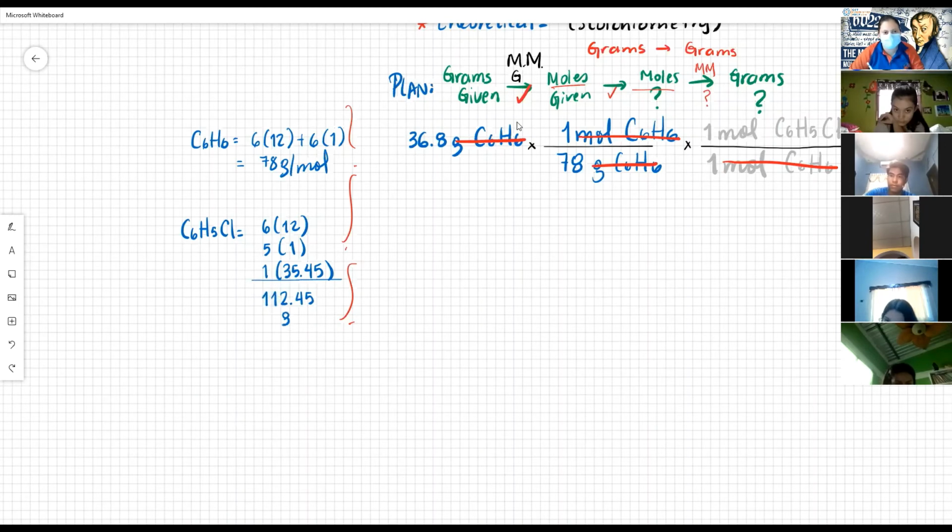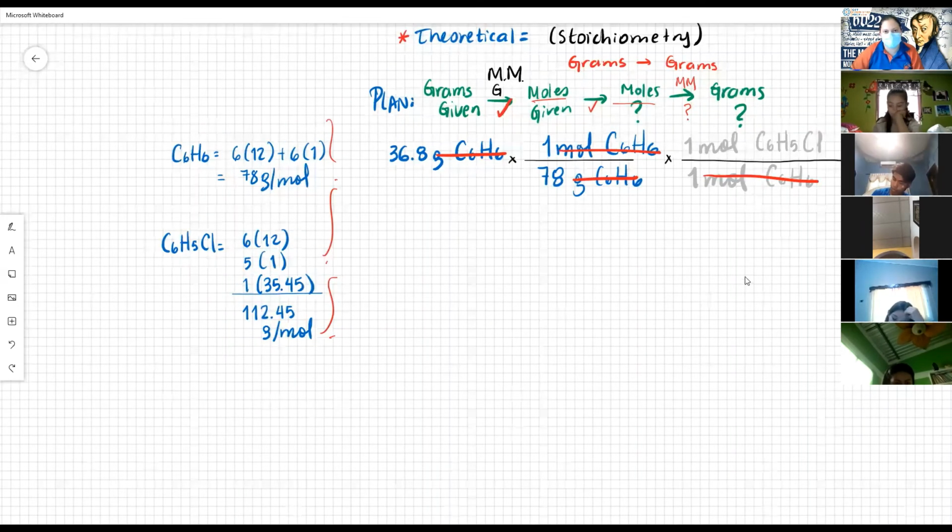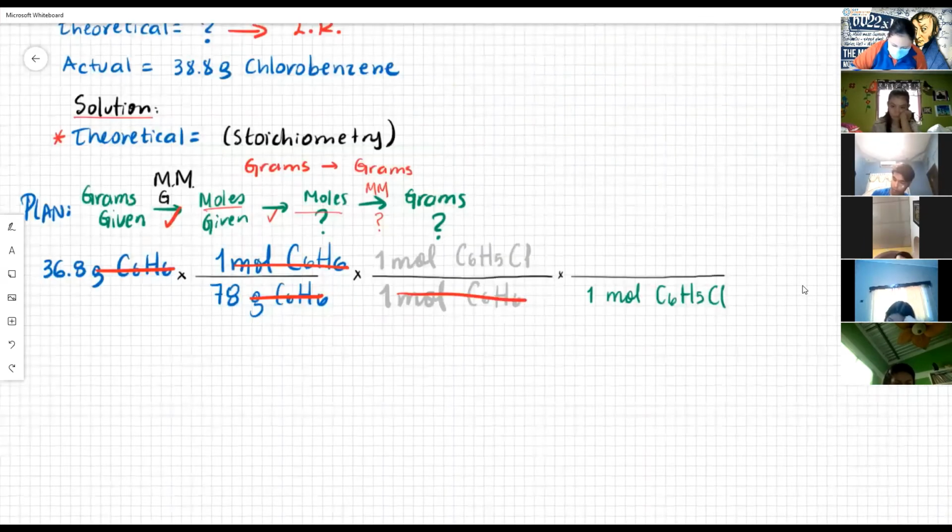I didn't put all the decimals, but both answers are correct. Grams over moles of chlorobenzene. So that is the data that I'm going to use in the conversion factor. So 1 mole of chlorobenzene has a mass of 112.45 grams of the same substance.